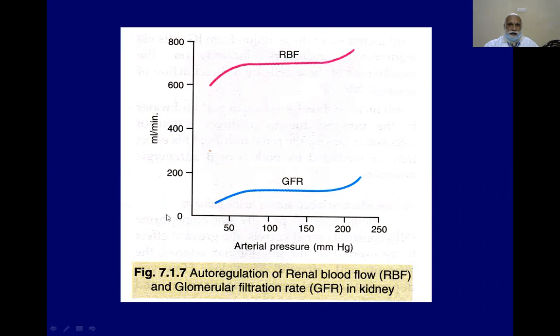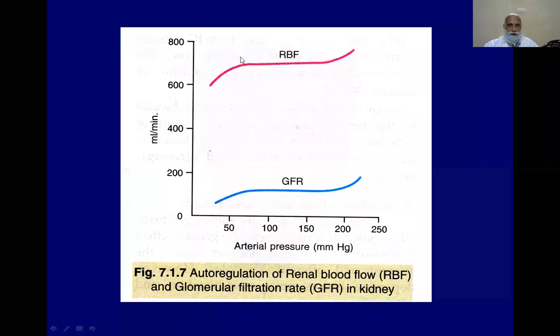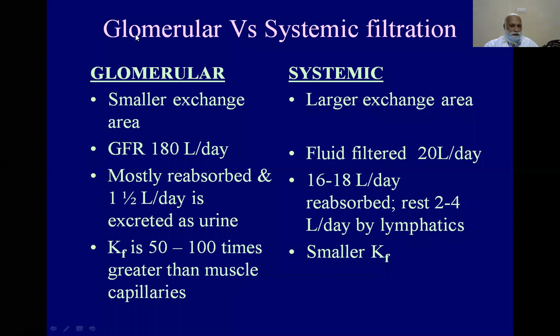Here you have the slope, from about 40 to 80, or 60 to 80: there is a linear increase in the renal blood flow and the GFR. Again, coming to about 180 or 200, the slope is upward for renal blood flow as well as the GFR. So in between, they are maintained stable. That's what it is.